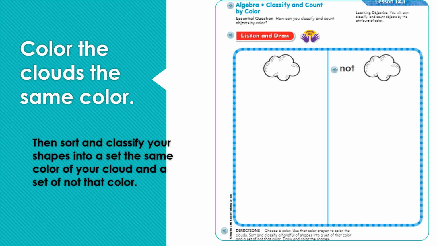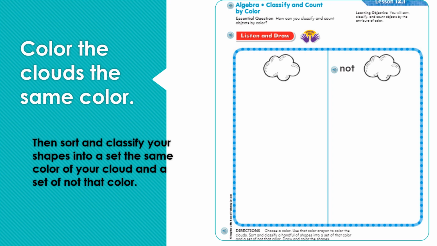So in this particular lesson, we're going to be sorting and counting by color. First, make sure you have your little plastic Ziploc bag full of cutout shapes that we sent home. You're going to need those for this lesson.